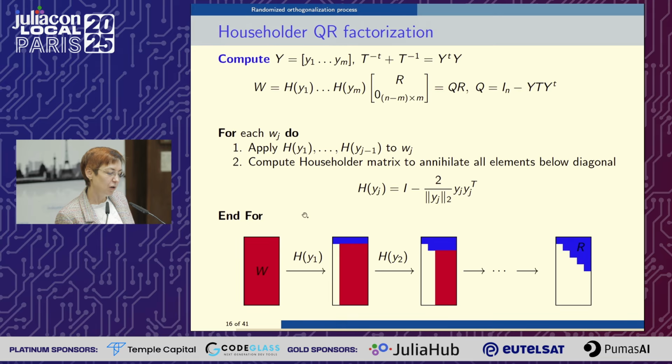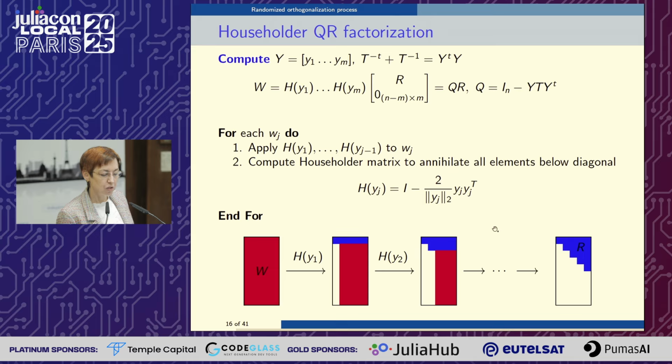So the way this algorithm operates is that it annihilates for each column in the matrix W the non-zeros below the diagonal by using a Householder matrix, which has this form here. So it relies on what's called the Householder vector, Yj.